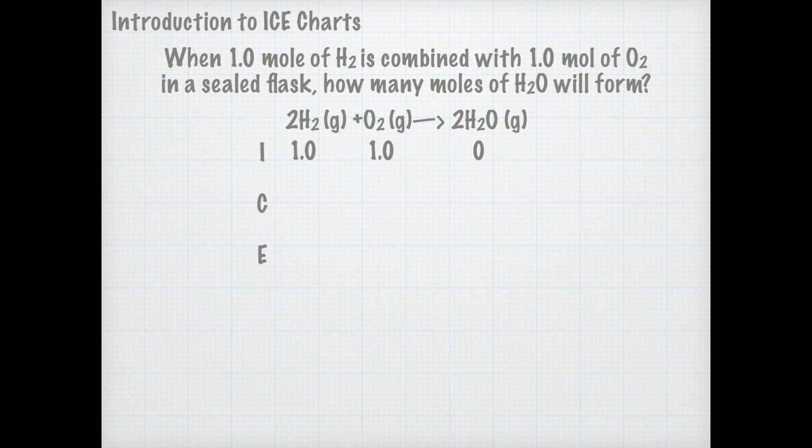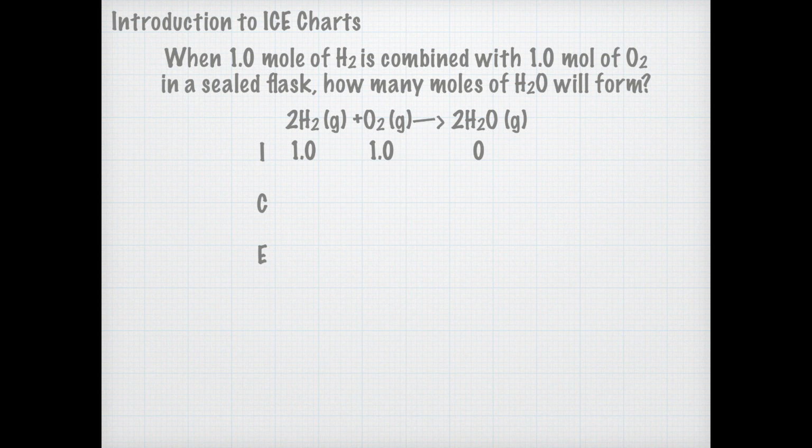C stands for change. How will this change? Well, I know I'm going to lose hydrogen and I'm going to lose oxygen in order to form water. How do I know that? Well, I don't have any water to start with, so I can't lose any water. So for example, for hydrogen, you're going to lose a specific amount of hydrogen, and we don't know that specific amount yet, so we're just going to represent it with an x.